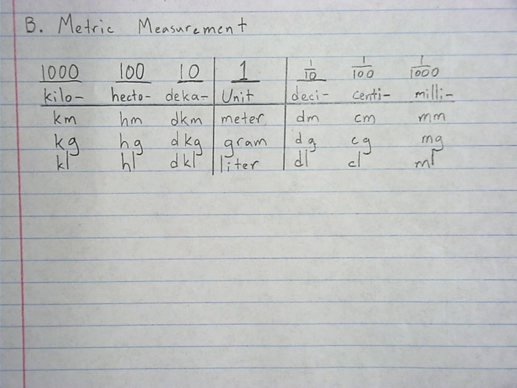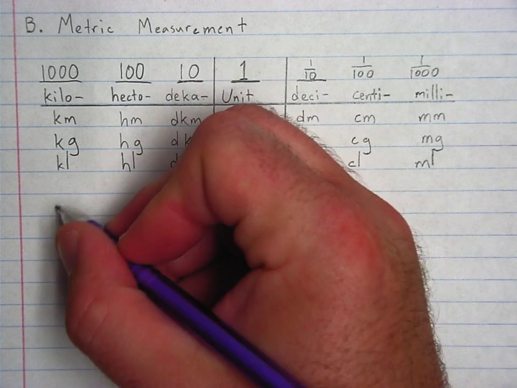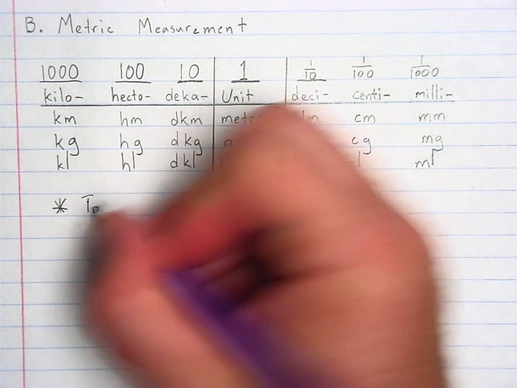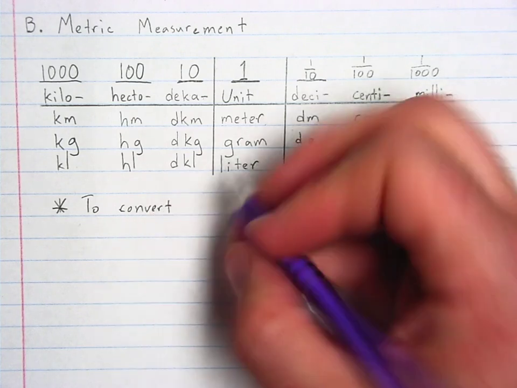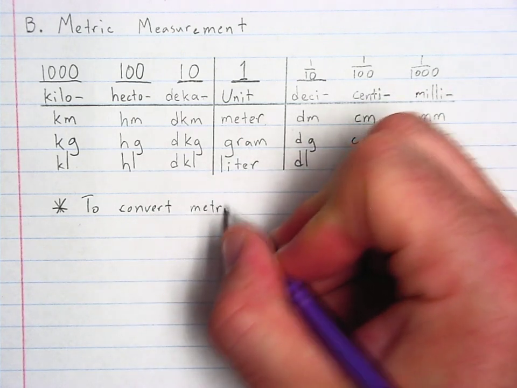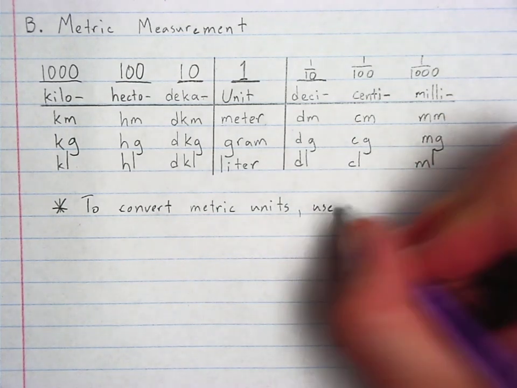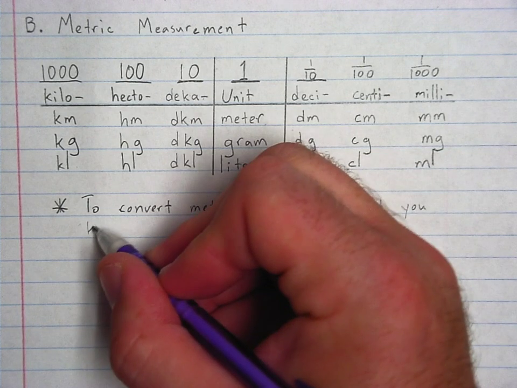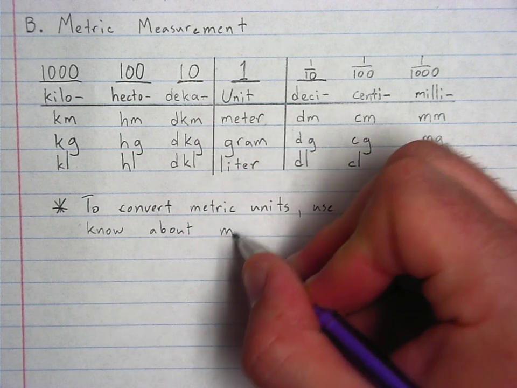To convert metric units, and again, we're going to talk more about this in class, so we're not going to do a ton of practice right now, but I do want you to write this down. To convert metric units, use what you know about multiplying and dividing with powers of 10.